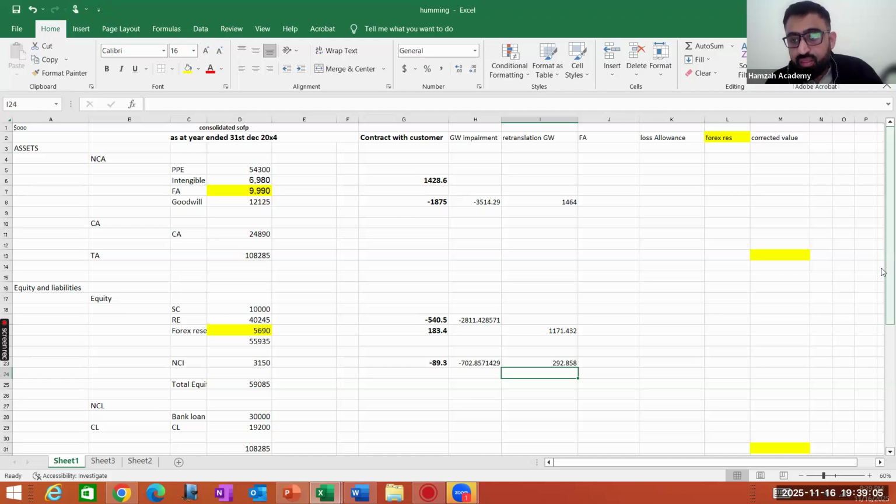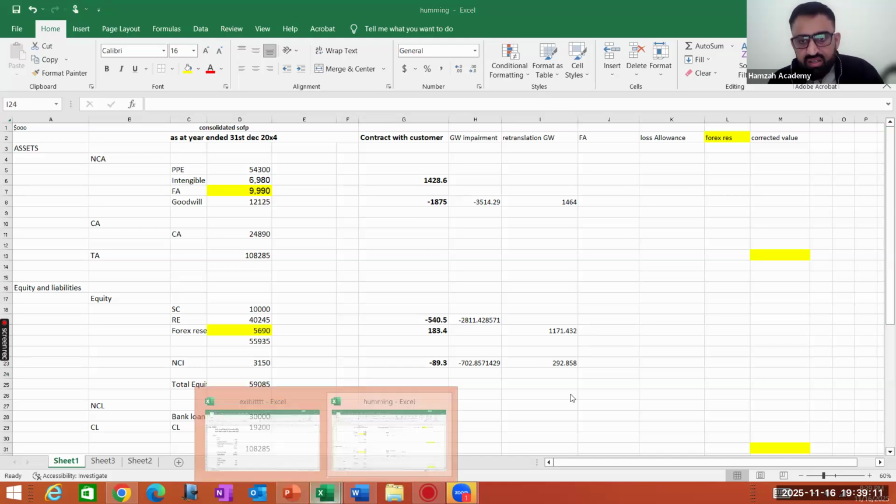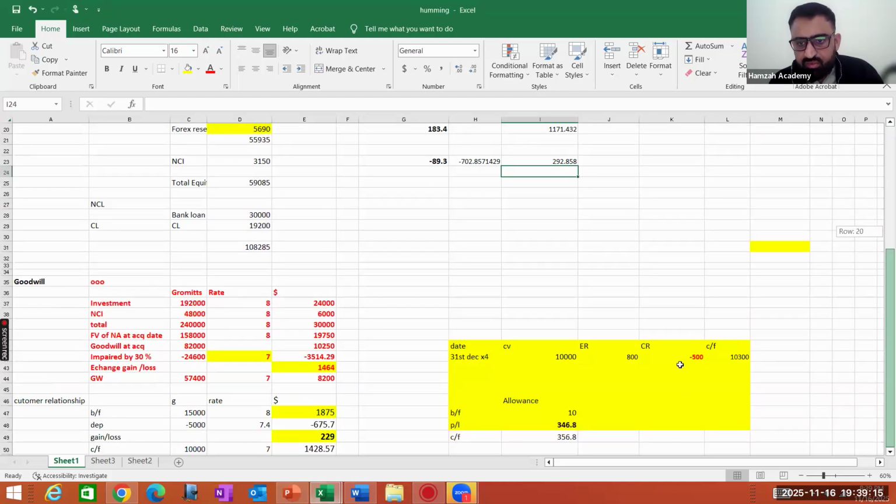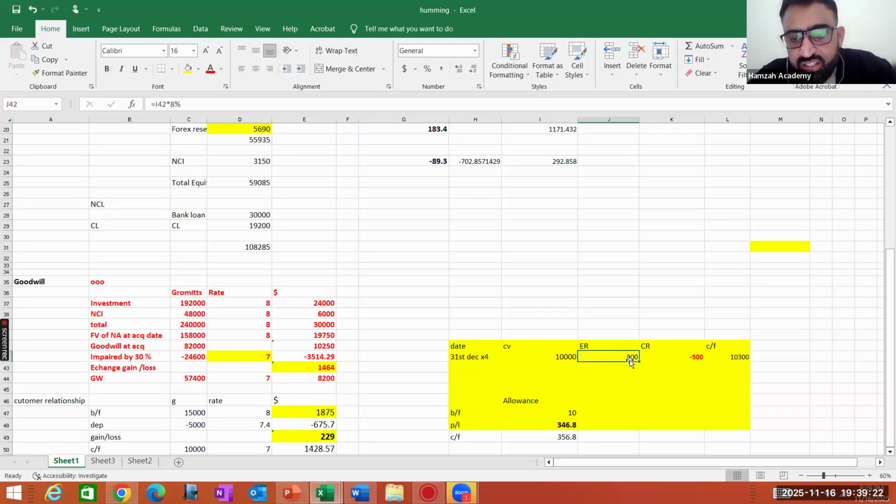distributed accordingly. Now, there is another adjustment relating to financial assets. Dear student, in financial asset, if you look at the working, they have recorded only 500 interest income, but they should have recorded 800 interest income. 500 has been received and 300 should have been added in the financial asset.